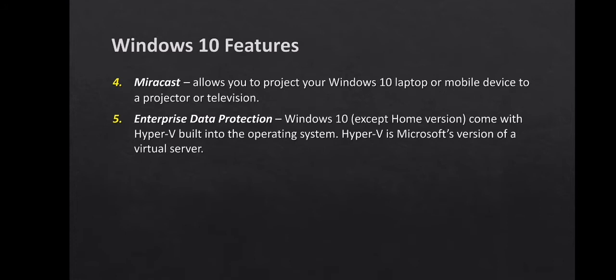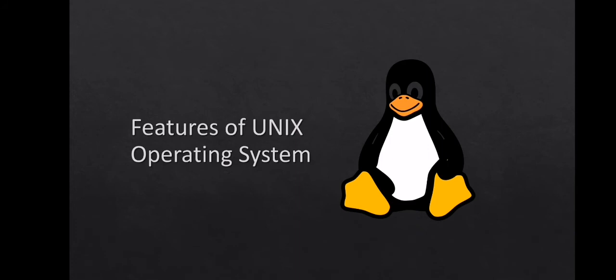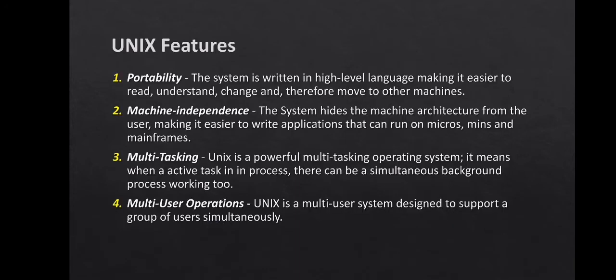Now, those are some of the features of Windows 10. Let us now go to the different features of the Unix operating system this time. Before we continue, there are many different versions of Unix that you should know.